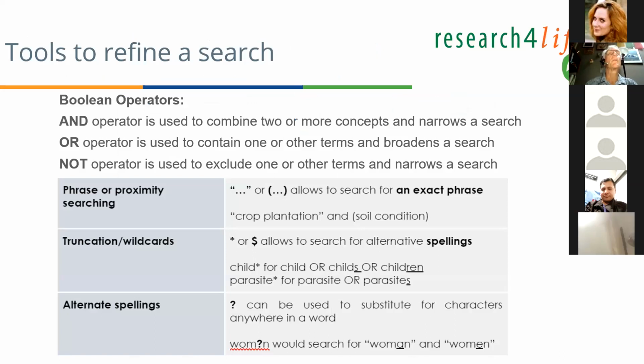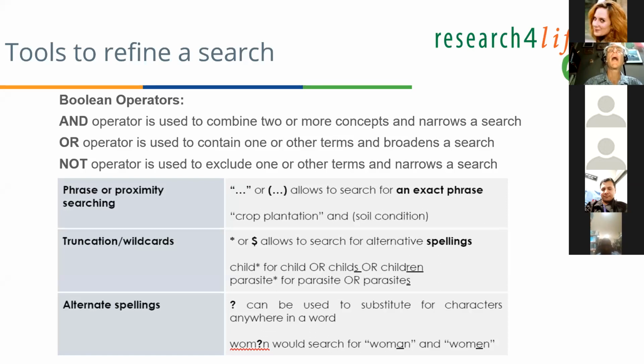I want to talk a little about phrase and proximity searching using the quotes or the parentheses. It means that you have to search for an exact phrase, and we will do this later on. You see how "crop plantation" is in quotes. The asterisk or the dollar sign allows you to search for alternate endings.